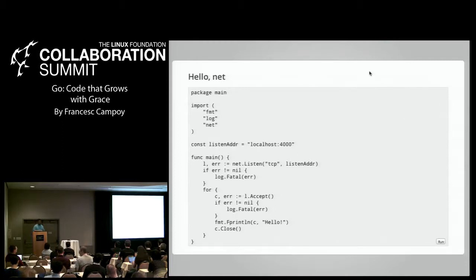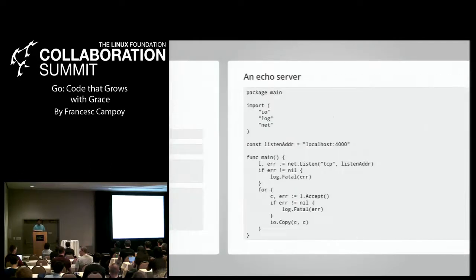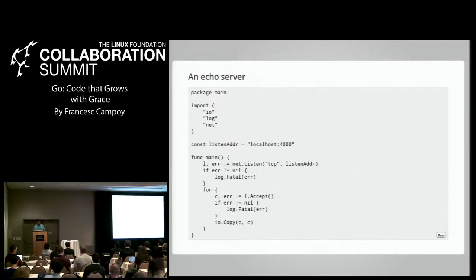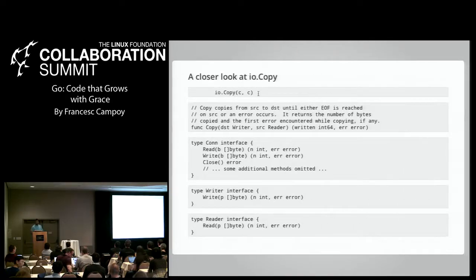Now changing just a little bit this code, we can do an echo server. What we're doing is pretty much the same, but instead of just printing as before, we call Copy. Copy receives two parameters. One is a reader, the other one is a writer. A connection is both a reader and a writer, so if we pass it twice, what we're doing is reading from the connection and writing back to it.